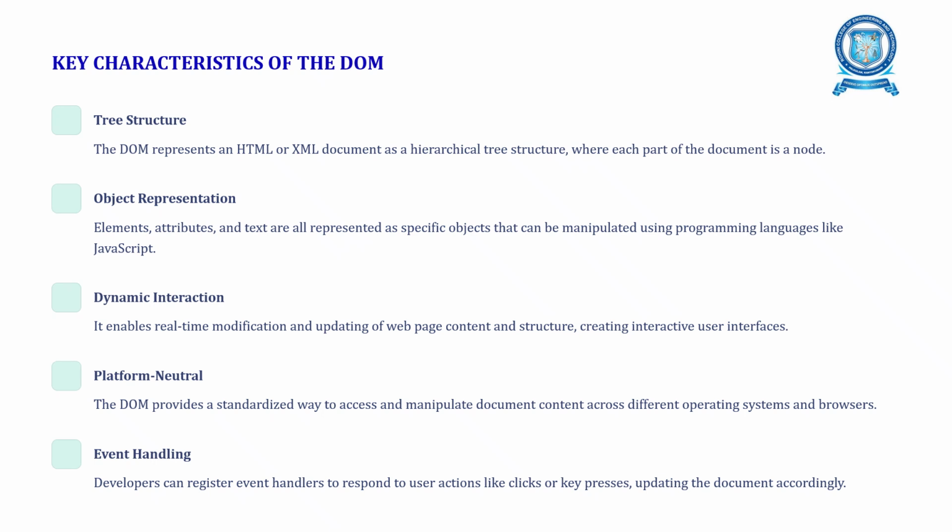Dynamic interactions: it enables real-time modification and updates of web page content and structure, creating interactive user interfaces. Platform neutral: the DOM provides a standardized way to access and manipulate document content across different operating systems and browsers. Event handling: developers can register event handlers to respond to user actions like clicks or key presses, updating the document accordingly.